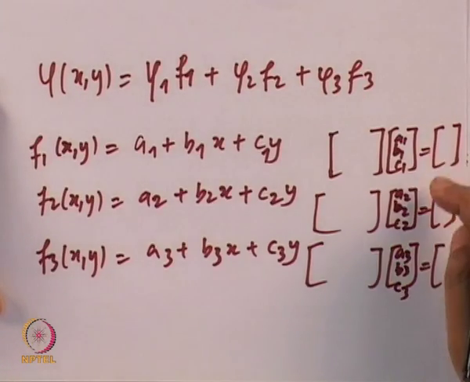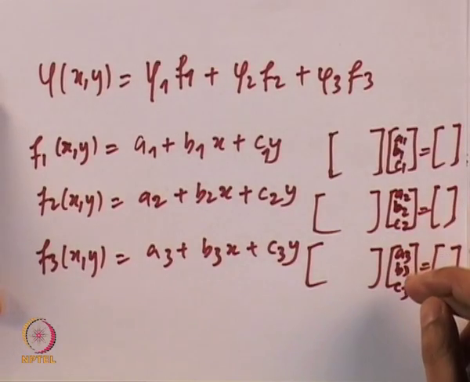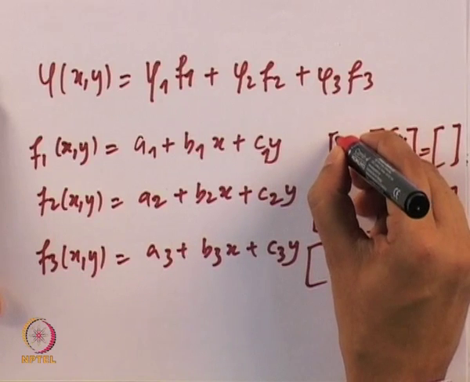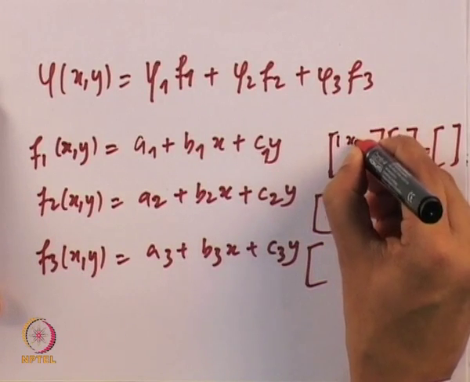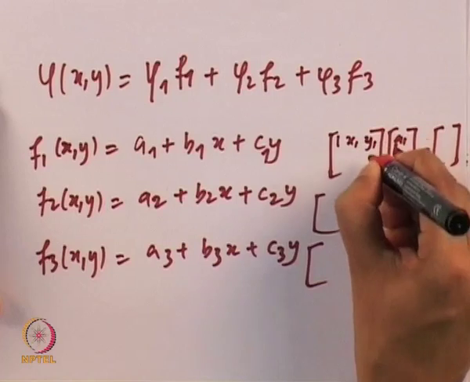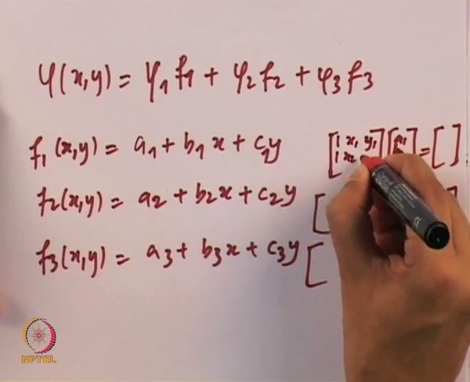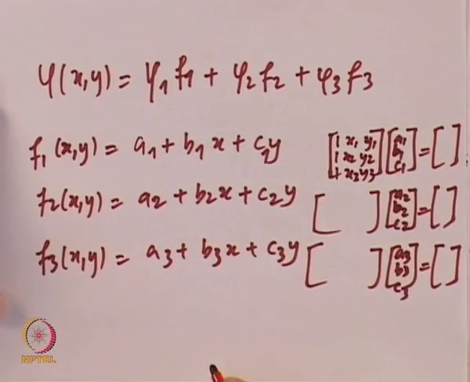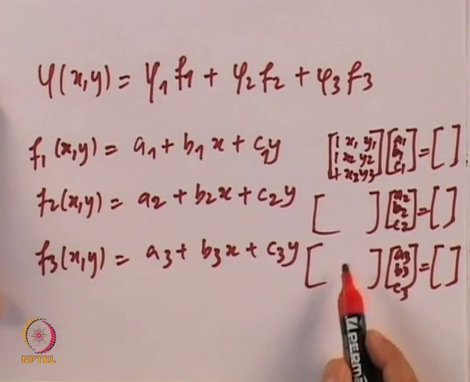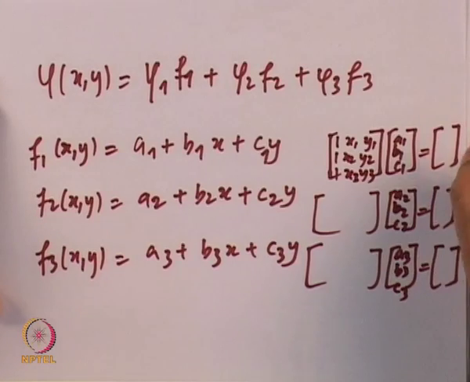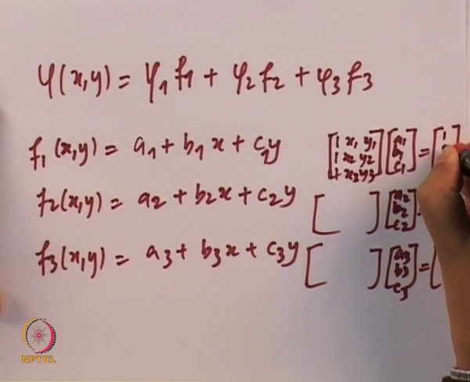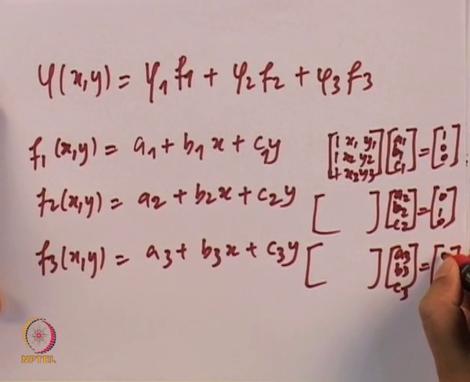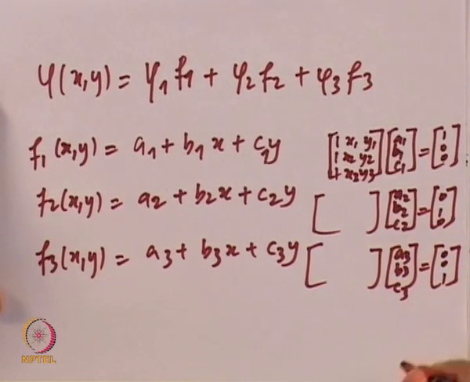These are the elements that you need to compute, but you know the value for the geometry of them through 1 x1 y1, 1 x2 y2 and 1 x3 y3. Similarly, you can do that for the other ones, and you can see that there is a pattern here. So 1 0 0, 0 1 0 and 0 0 1.